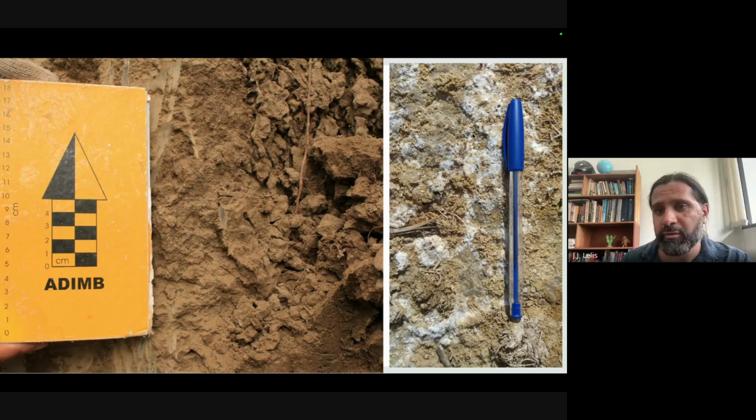Okay, the salt just starts to precipitate and the dissolution is not strong enough to destroy the aggregates at the surface and induce the clay migration. So I like to say that the Solonchaks are the past of the Solonetz, or the Solonetz are the future of the Solonchaks.